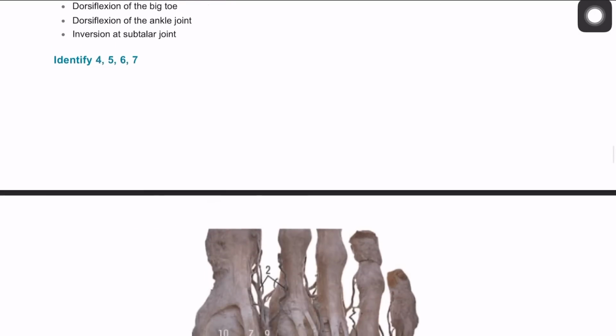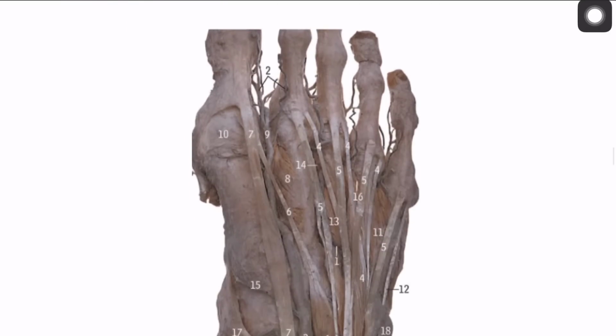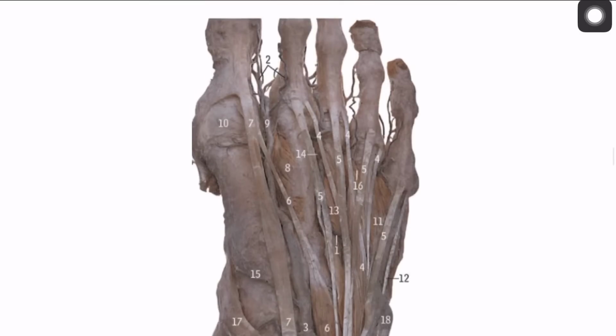Well, identification of 4, 5, we're still in the dorsum of the foot. So the trick is to get it from distal to proximal. So start by the big toe. You have a big muscle in here, number 7. So that is extensor hallucis longus muscle. And another small one just beside it, number 6, extensor hallucis brevis muscle.